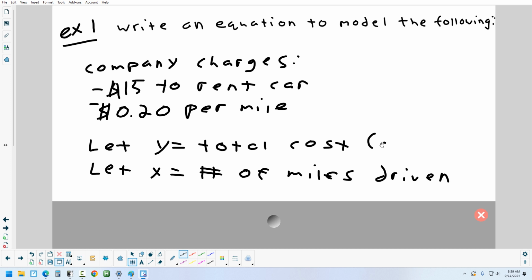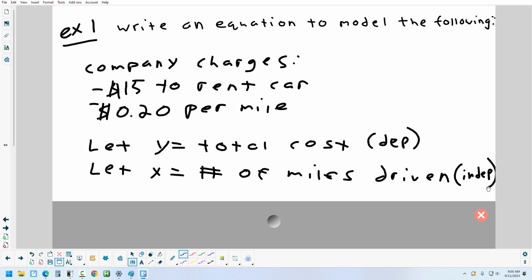And that's our y variable, and that's called our dependent variable. This one is the dependent variable. This one is the independent. And the way you can remember y is dependent is if you read it out loud: the total cost depends on the number of miles you drive.